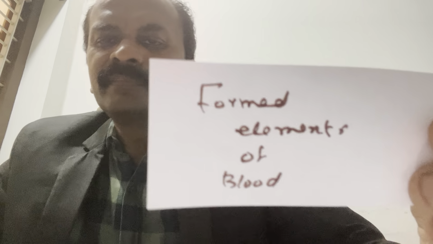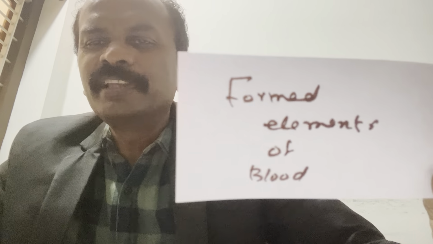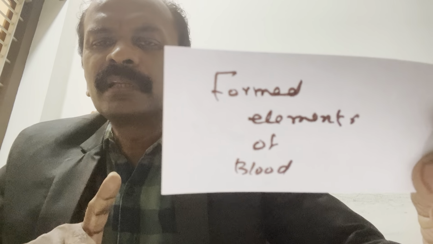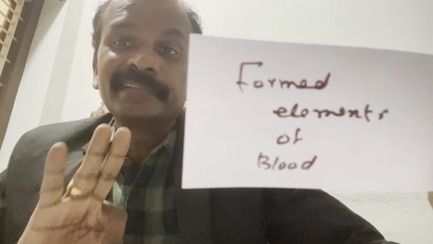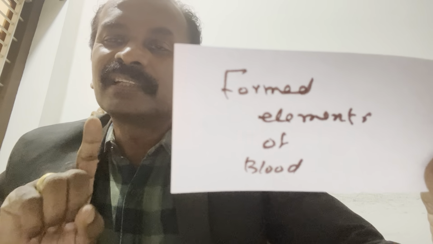So we studied formed elements found in blood. It's a true statement, right? So tell me what are the formed elements in blood. There are only 3. So they'll keep one more choice and they'll ask which is the wrong statement.